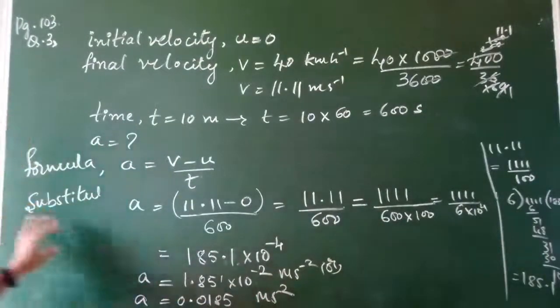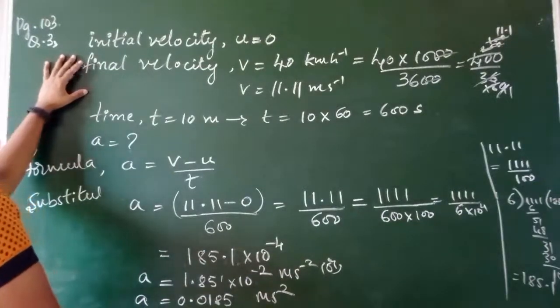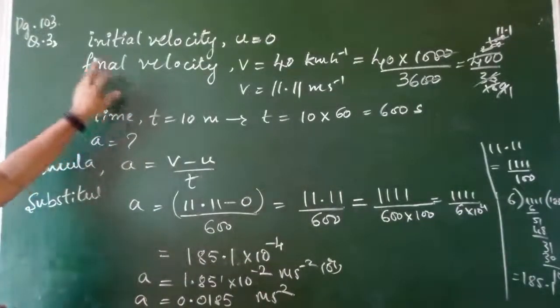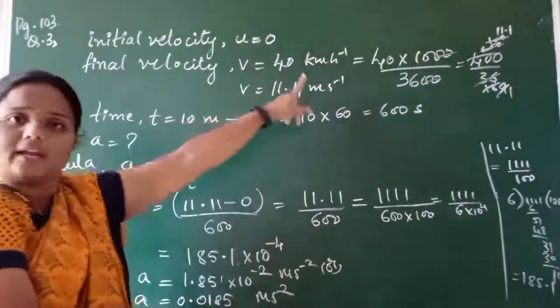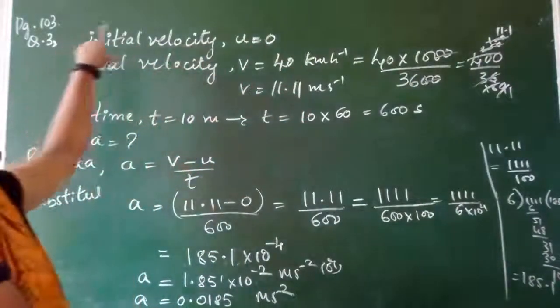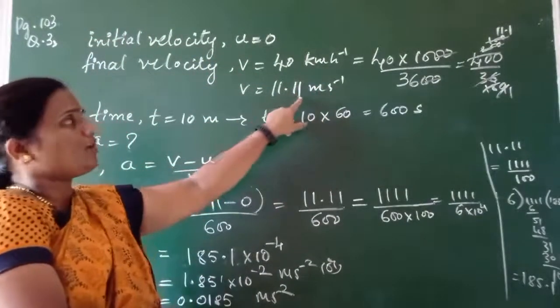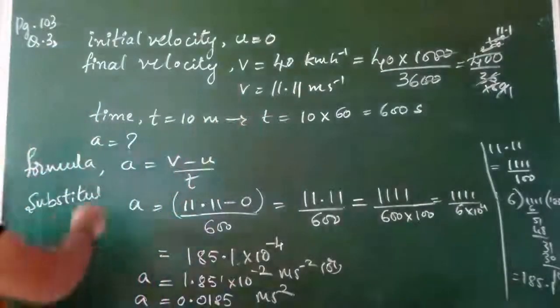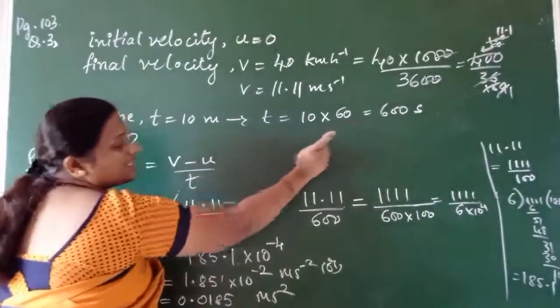It's very simple. They have clearly said that it is moving from rest and gains some velocity. So its initial velocity will be, if it is at rest, always you have to take 0 value. Final velocity, it has given in kilometer per hour, convert it into meters per second, you will get 11.11 meter per second. Then timing they have mentioned in minutes, so convert it into seconds, you will get 600 seconds.